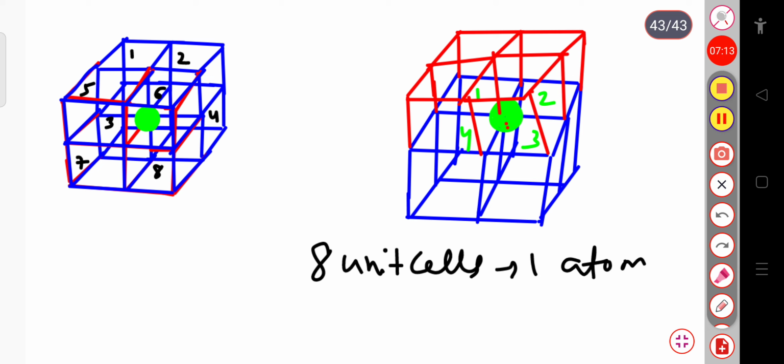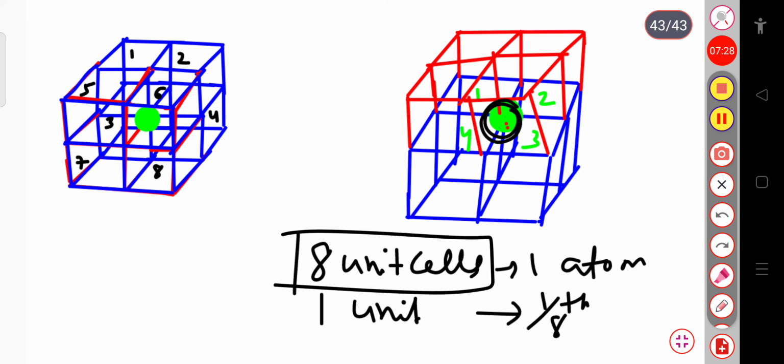So I can say that in 1 unit cell, the number of atoms present is 1/8 of that atom. If this single atom is being shared by 8 different unit cells, then in 1 unit cell, 1/8 of the atom is present.